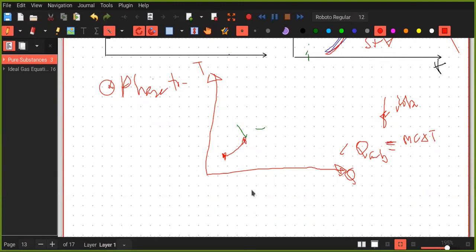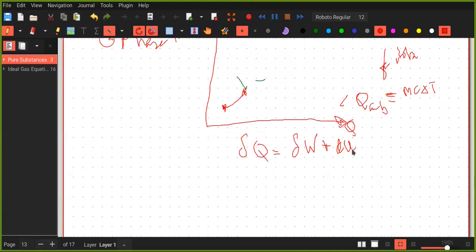So heat by the first law of thermodynamics is given by delta Q is equal to delta W plus dU. So even if everything is done reversibly, dU would account for c delta T or mc delta T. If I drop the m term, I'll have the heat capacity rather than the specific heat.